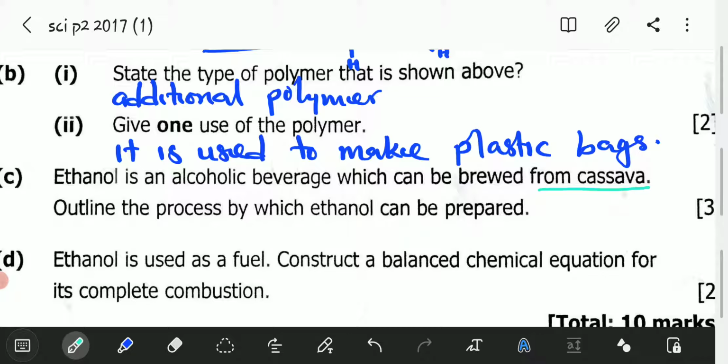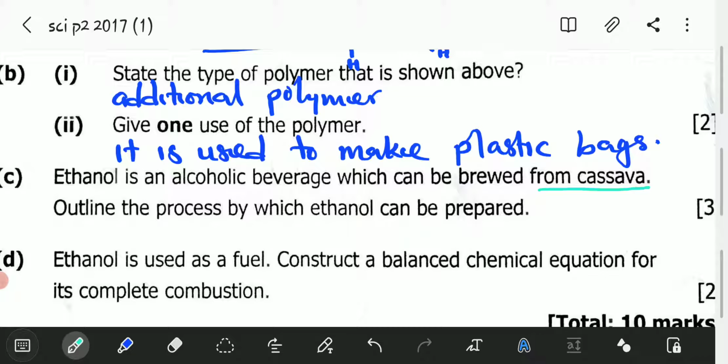Cassava contains carbohydrates. And what are carbohydrates? Carbohydrates are sugars. So we need to outline a process that will make ethanol from a sugar.